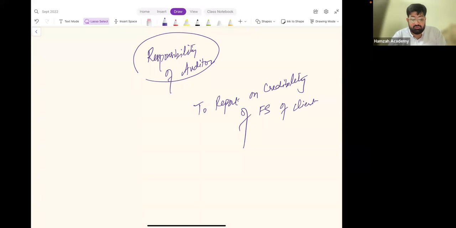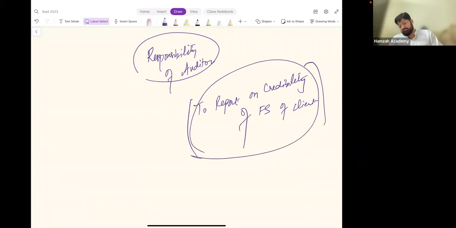Client means the company he is auditing. This is the auditor's job. Now, students, this is the target to be achieved.